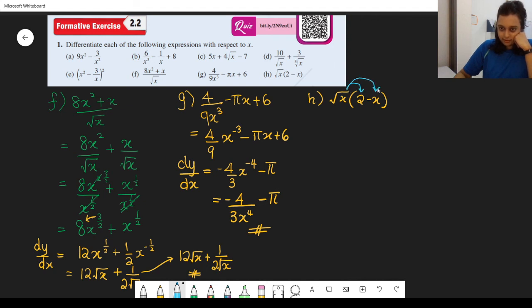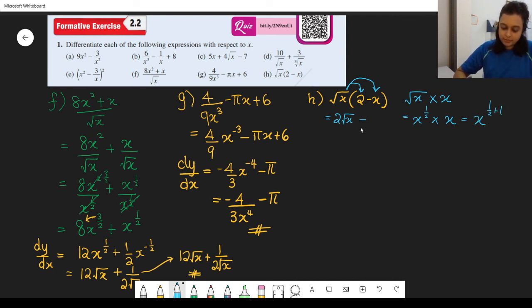Okay, we expand. So here we will get 2 square root x minus, what will this become? Because this is square root x times x, meaning that this is x to the 1 over 2 times x. So the power you must add, 1 over 2 plus 1. What is 1 over 2 plus 1?